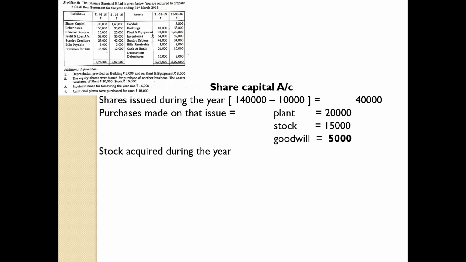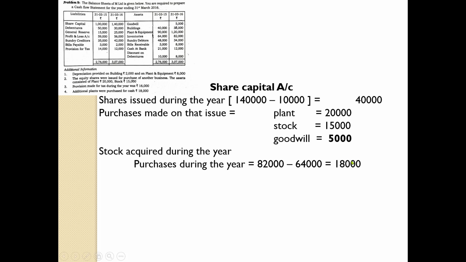So in the question, inventories opening balance is 64,000 and closing balance is 82,000. So during the year, inventories or stock purchased was 18,000, and in the adjustment it is said that about 15,000 rupees worth of stock was purchased by the issue of shares, but as per the balance sheet it is 18,000.